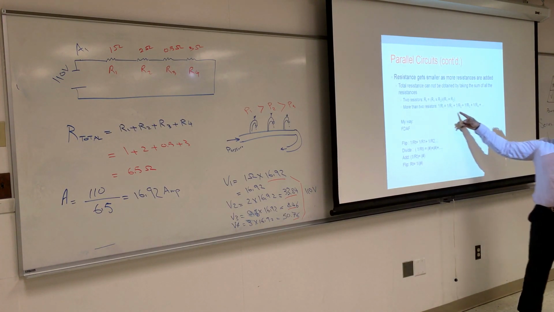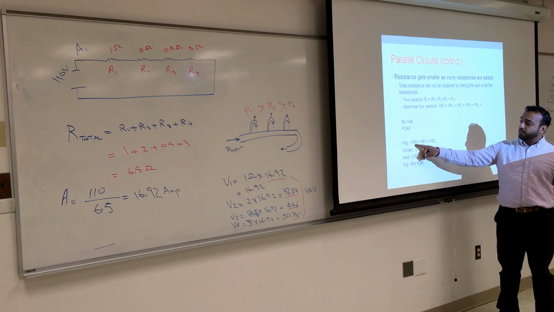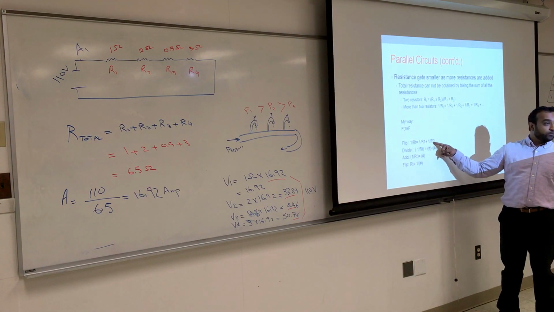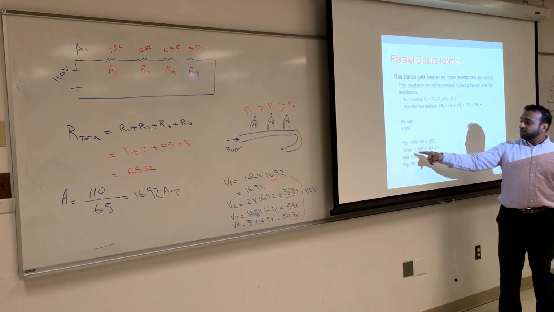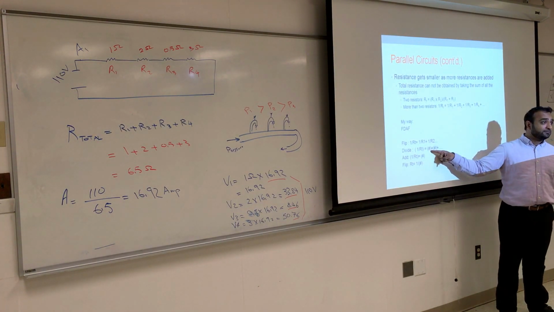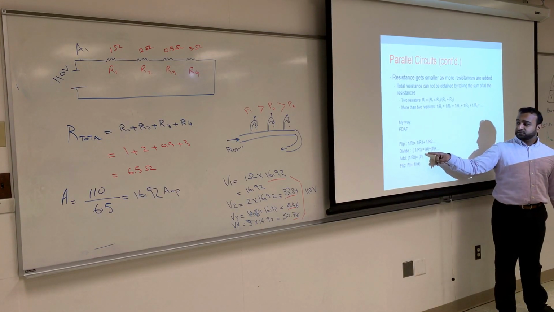And this is the calculation in the book, which I find very complicated. And this is what we just did on the board. So first, you flip 1 over R total to 1 over R1, 1 over R2, and so on and so forth, to infinity if you want. Then you divide and you get a number. That's only to get rid of the fraction and get decimals.